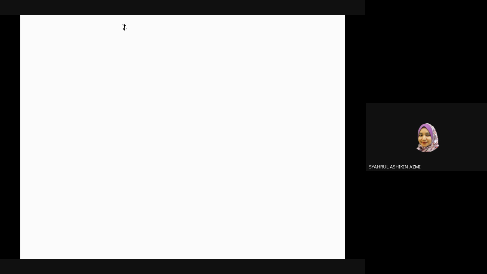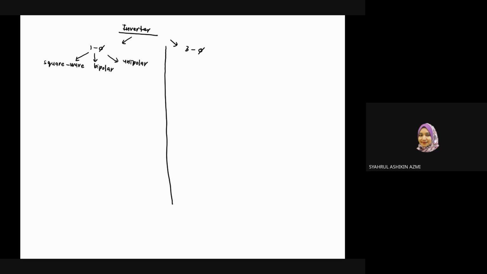For the single phase inverter, there are three control methods that we have learned, which are the square wave, bipolar PWM and unipolar PWM.